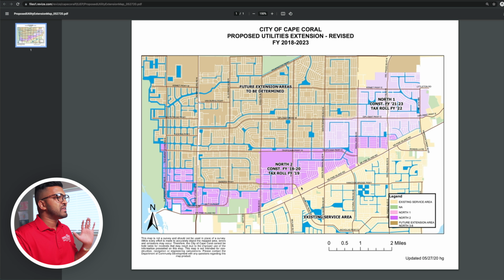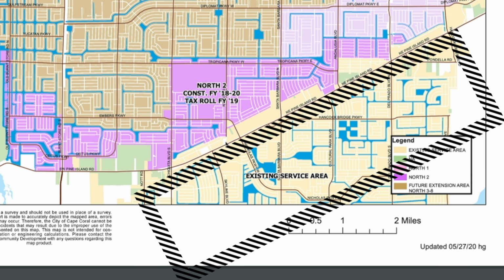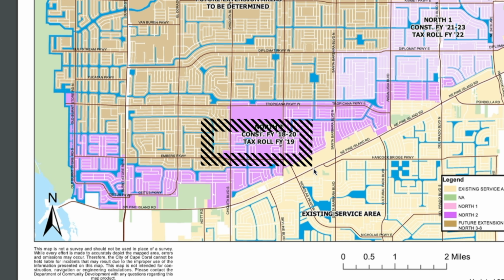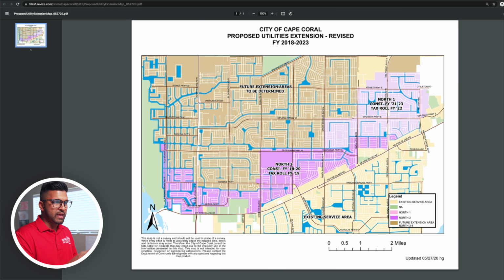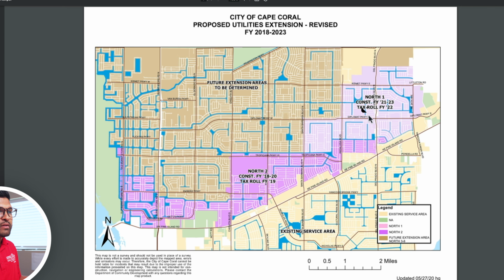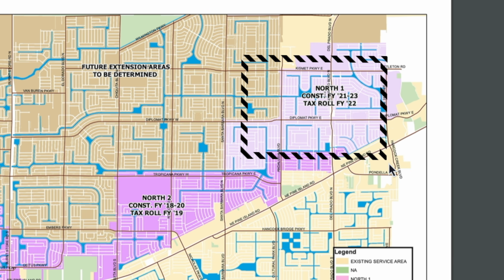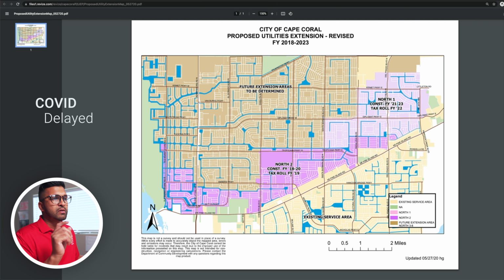This is a predicted area that the city has released of where they're putting in assessments. Down here is the existing service area. On this side, North 2, they just finished putting in assessments in this pink area. North 1, they have planned for February or summer of next year to put city water and sewer in that section.